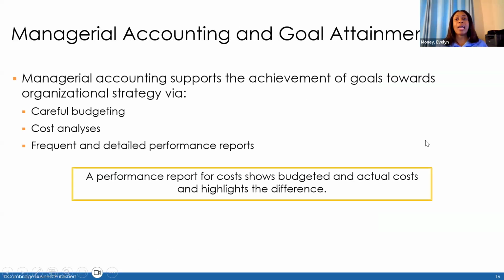Now, managerial accounting helps with all of these strategies through the process of budgeting, analyzing costs, and providing performance reports. These performance reports help us determine whether or not the goals have been achieved, and they inform the decisions going forward.